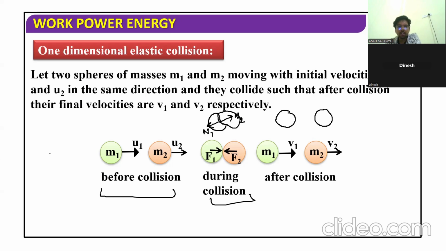See, motion is along one line, before along this line, and after also along this line, same line. That is why it is known as one dimensional elastic collision, head-on collision.